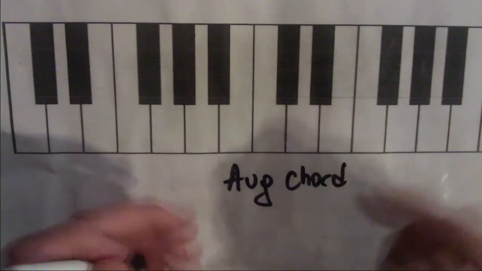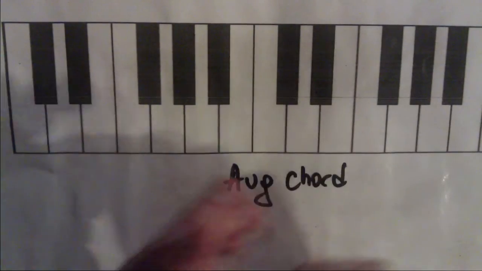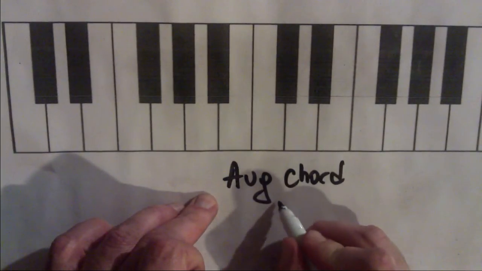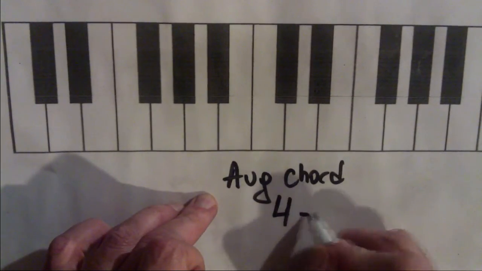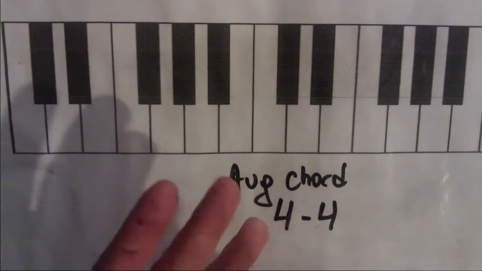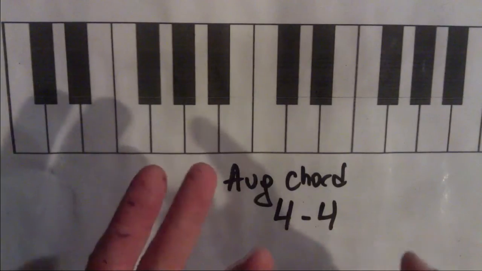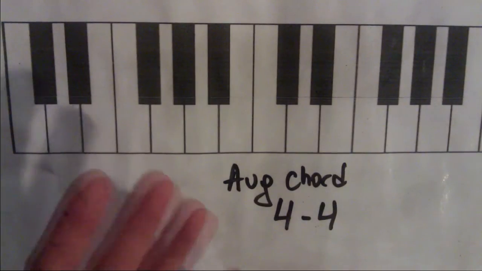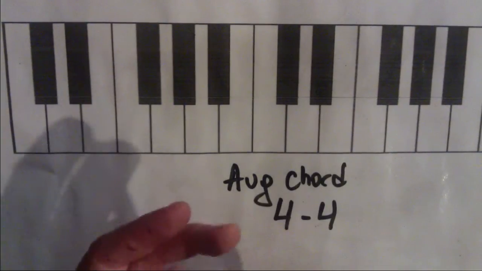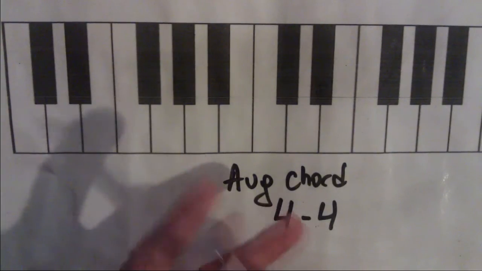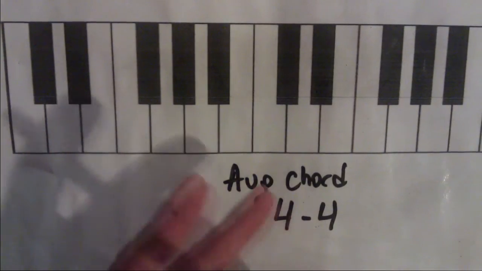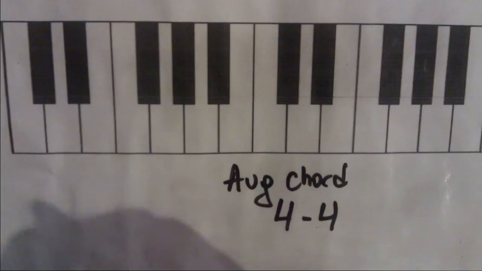We're just going to call it augmented chord, and we're just going to understand the augmented chord goes with a structure of 4/4. As you see, these four chords we are talking about, the minor, major, diminished and augmented, are all based on a combination of 3 and 4, or 4 and 3, or 3 and 3, or 4/4 semitones.